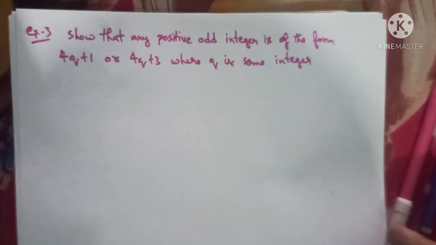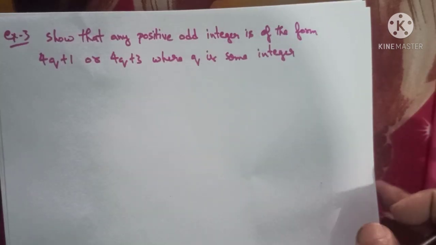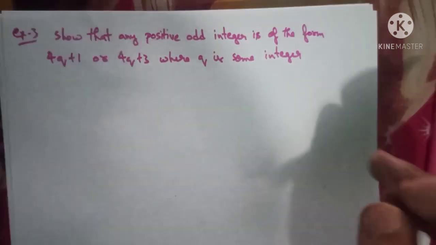So next example, show that any positive odd integer is of the form 4q plus 1 or 4q plus 3, where q is some integer.